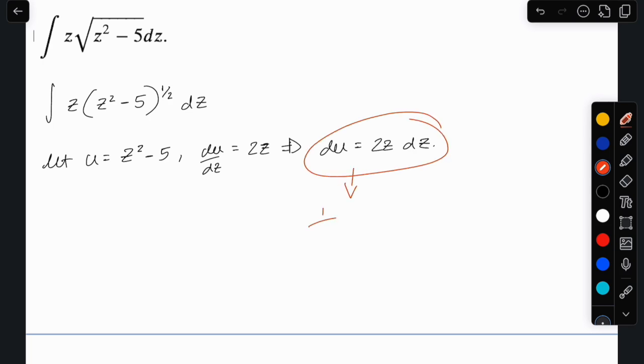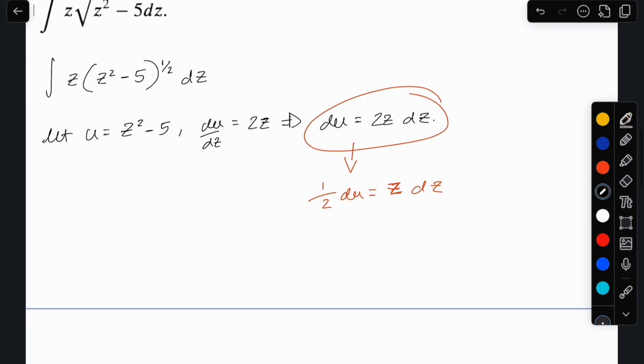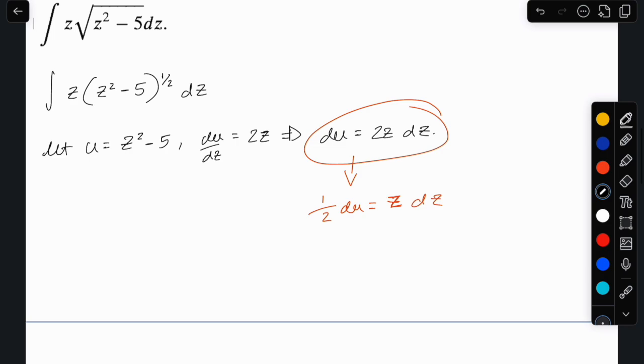Okay, and we're going to say half du is going to equal z dz. Okay, so we've made an alteration here. We've done that. So we can say now, cool.